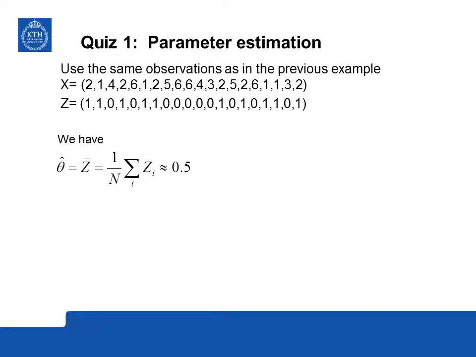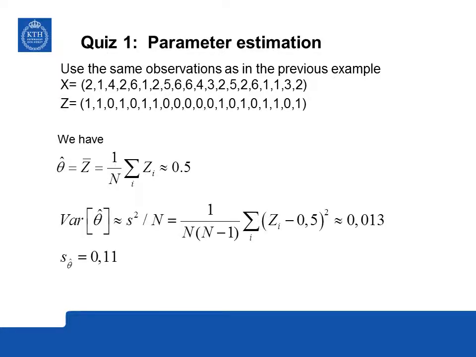And this time it turns out that the ones and zeros were equally many, so our point estimate of theta is 0.5. Note here that we have replaced the probability estimator with a simple average estimator.